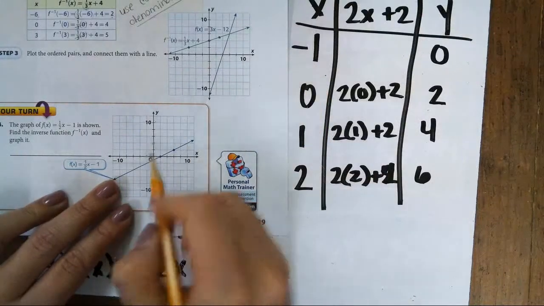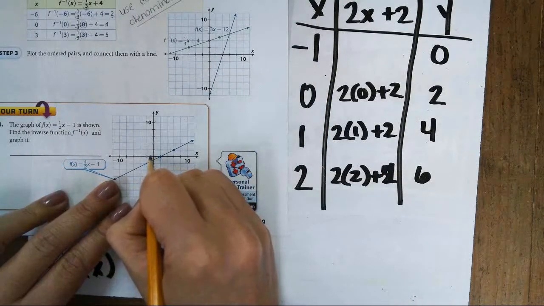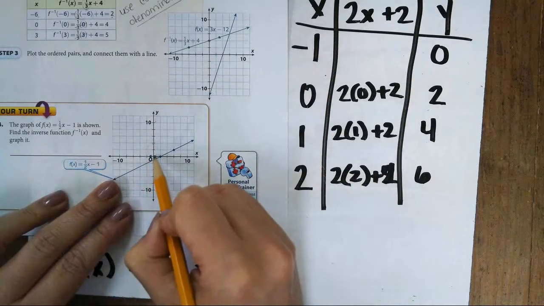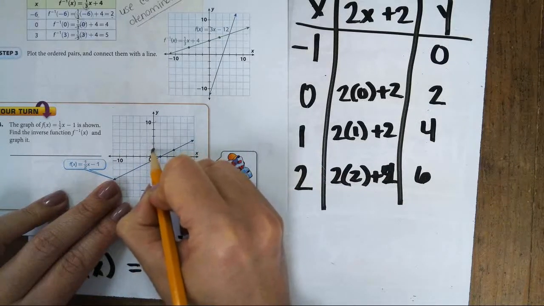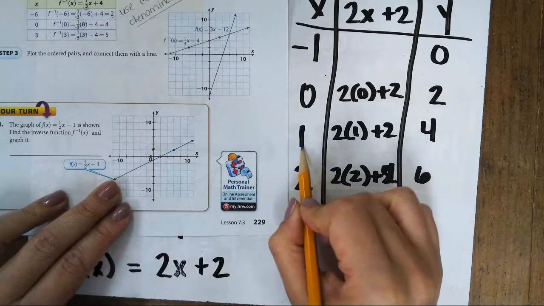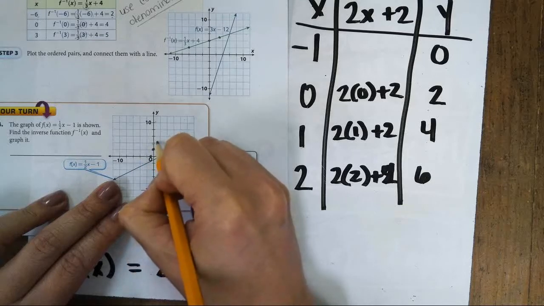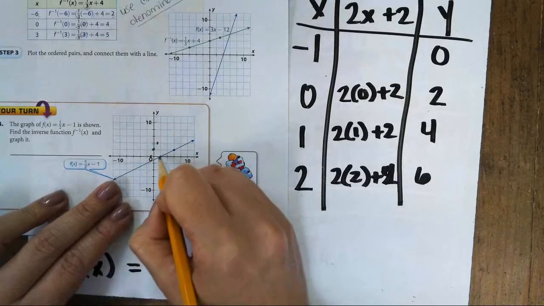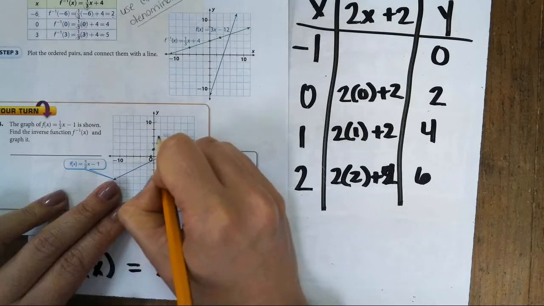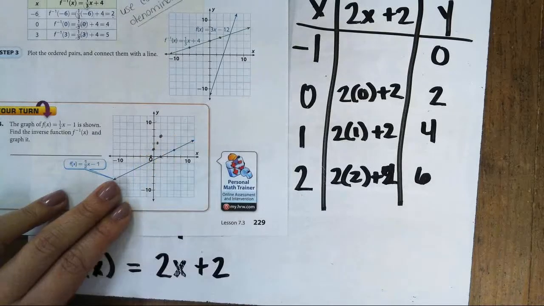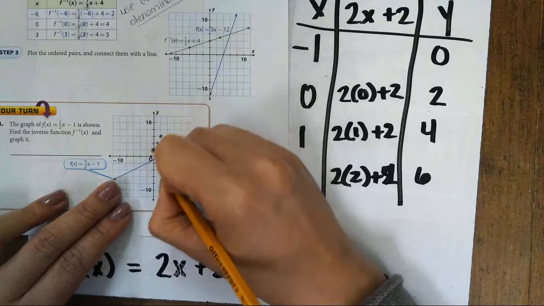So this -1 is actually going to be here in the middle, and then my 0, 2 is going to be right here. Which means that my +1, 4 is going to be right around here, and then my 2, 6 is going to be here. And then that's going to be my line this way.